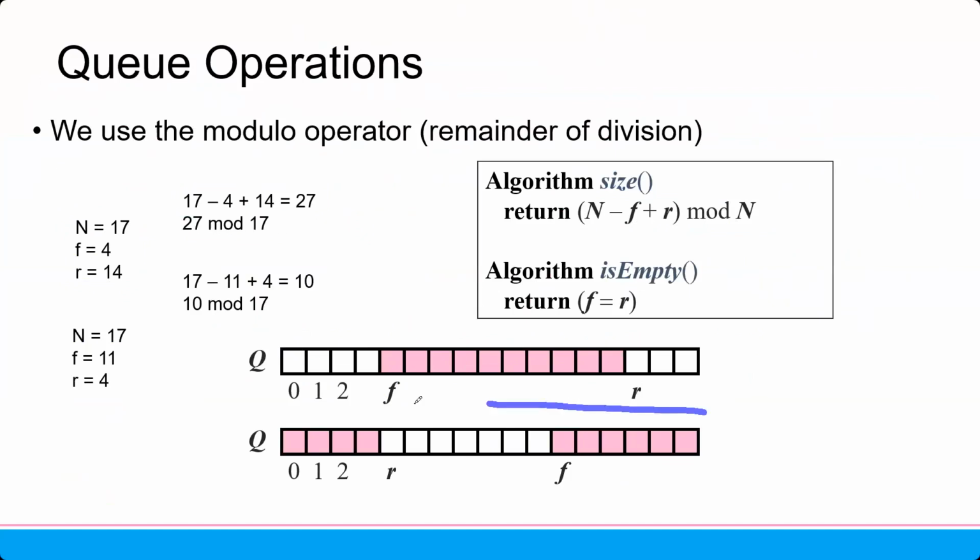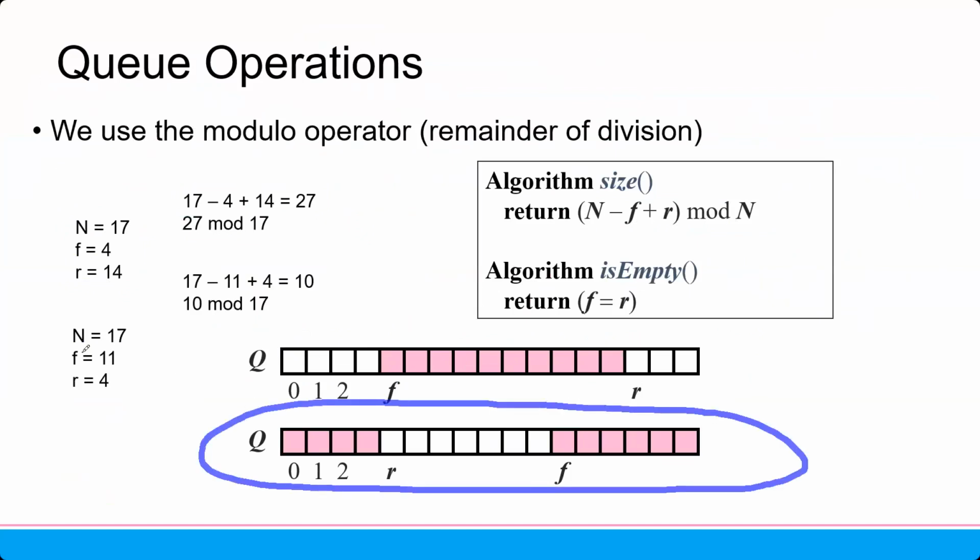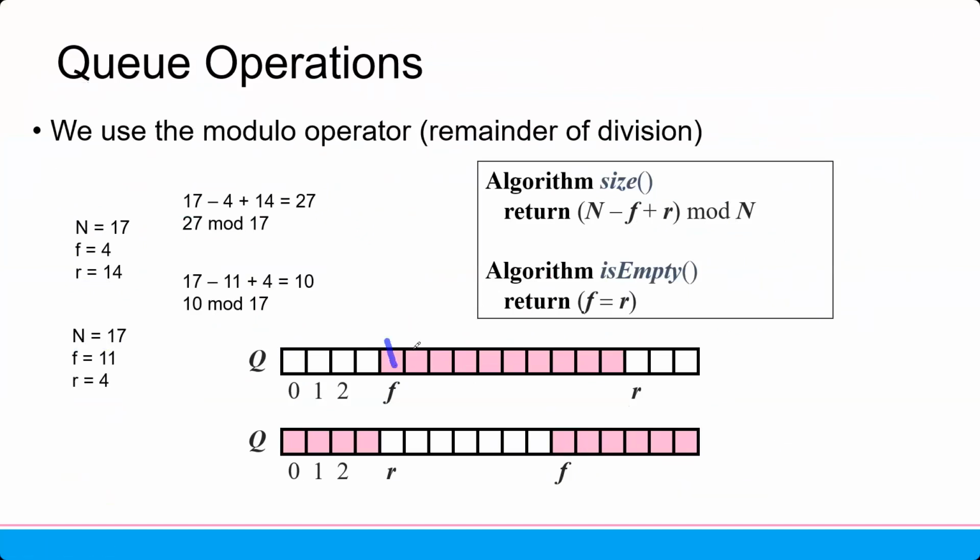If we use the wraparound, then we have n equals 17. Now the position of f is here. It means every element before it has already been removed, so all those elements have moved out of the queue. The remaining elements are here, here, here, here, and here, but there is no other space.